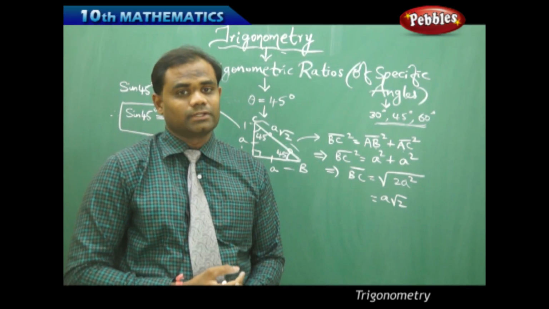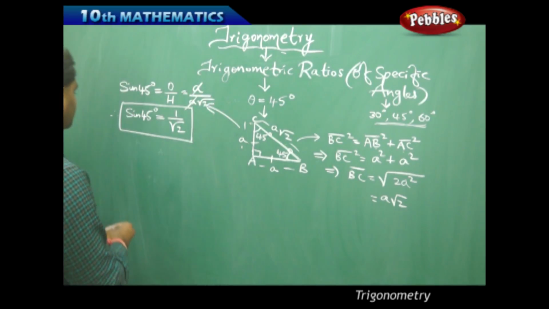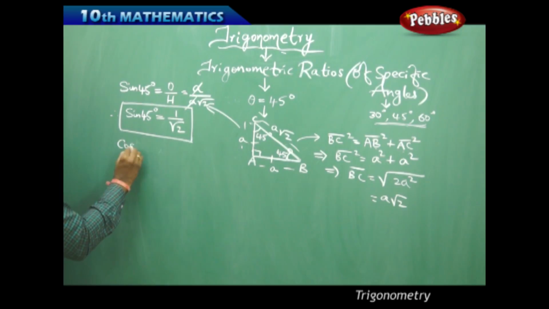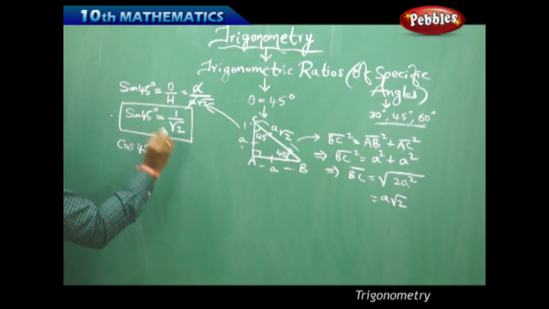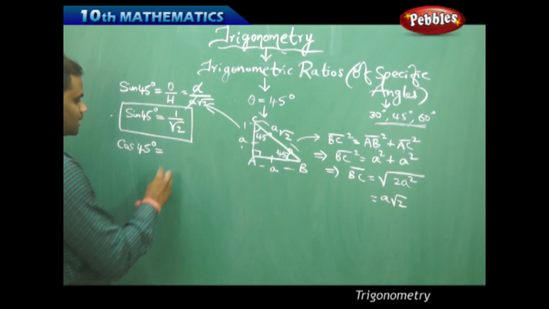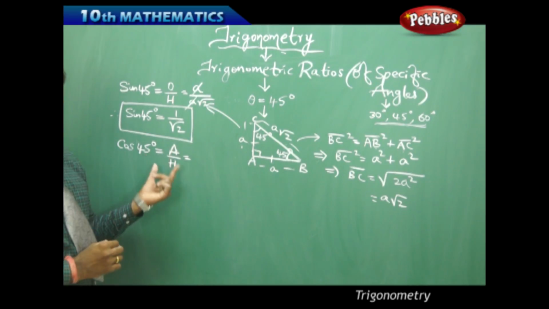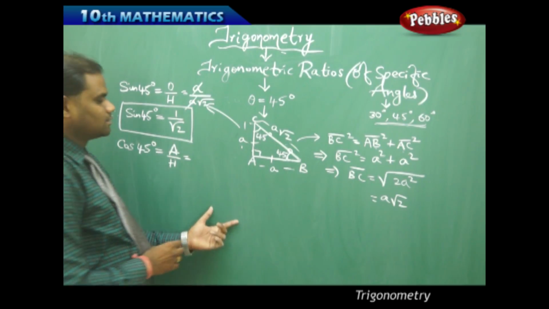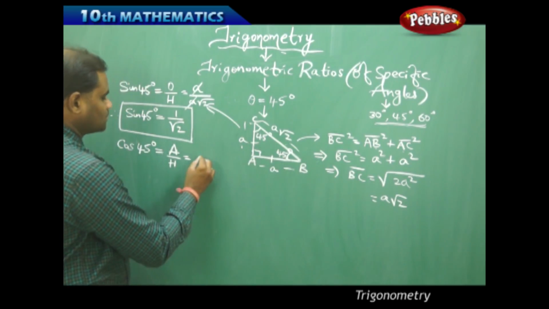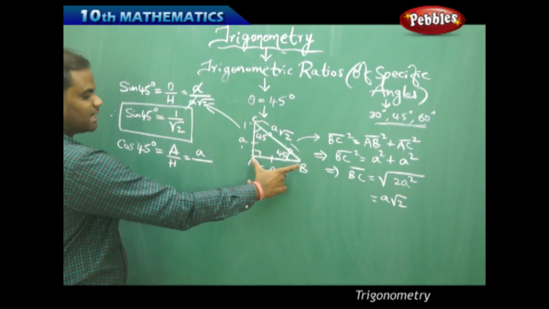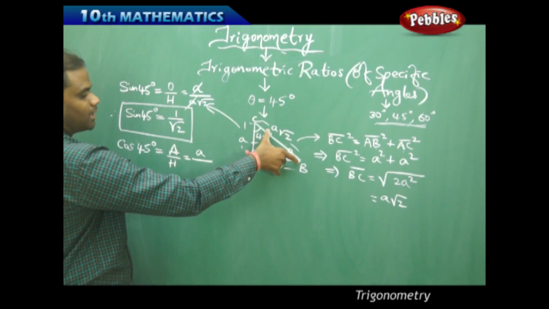Now let's see how we can derive cos. Cos 45, I get as adjacent by hypotenuse, with the formula as we have. The adjacent side, which is AB, is A. This is the adjacent side, this is the opposite, and this is the hypotenuse.